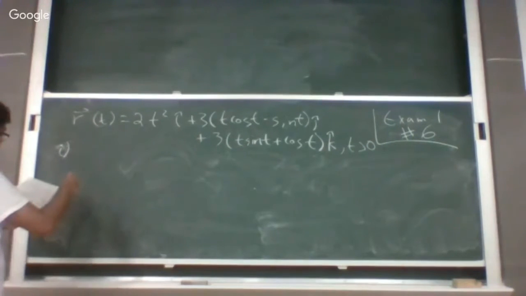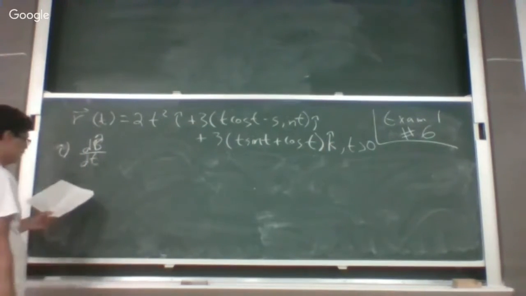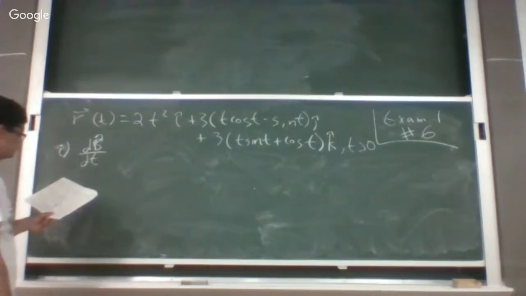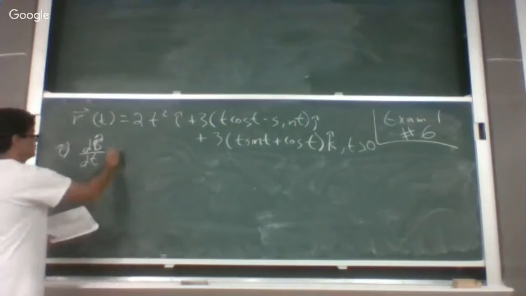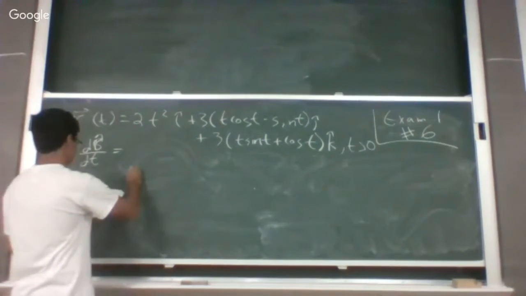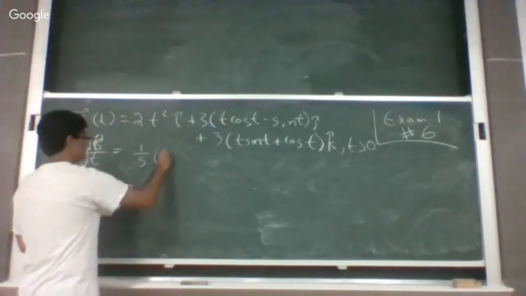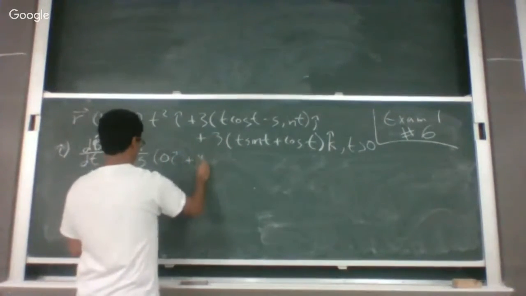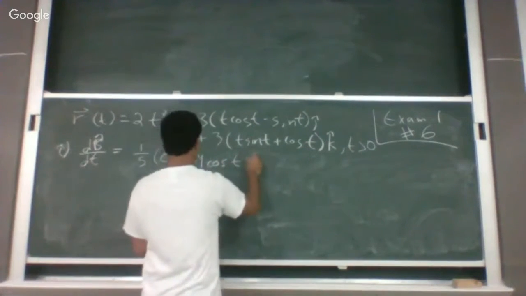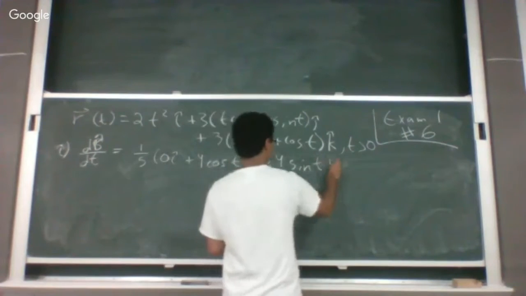For i, we have the derivative of b with respect to time, and I'll just write it out. That's 1/5 times 0i plus 4 cosine of t j plus 4 sine of t k.